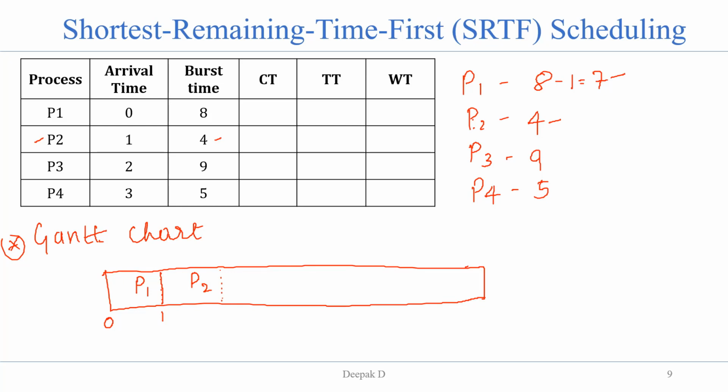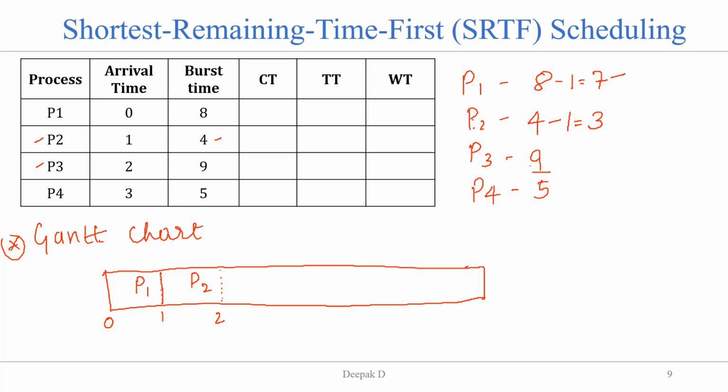So I give the CPU to process 2 and I will execute for 1 millisecond and I check once again whether any other process has arrived at 2 millisecond. You can see here P3 has arrived and the burst time is 9. Currently P2 has executed for 1 and remaining is 3. Now P3, the burst time is 9.